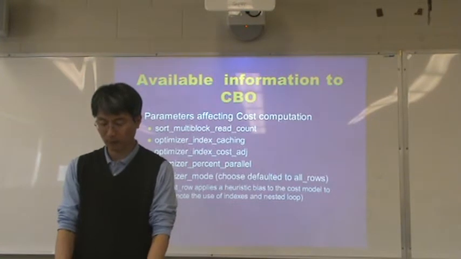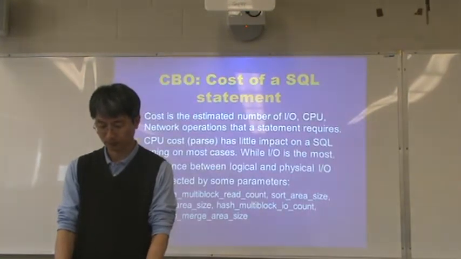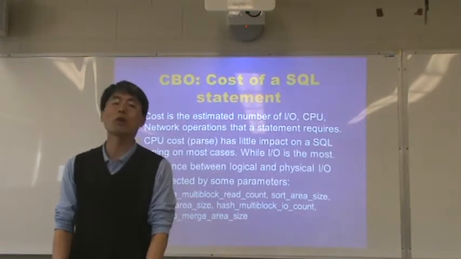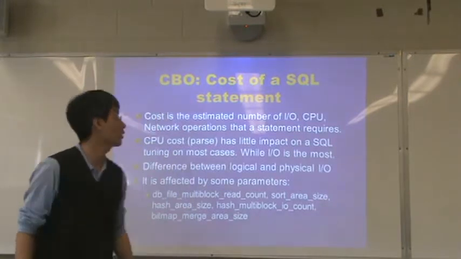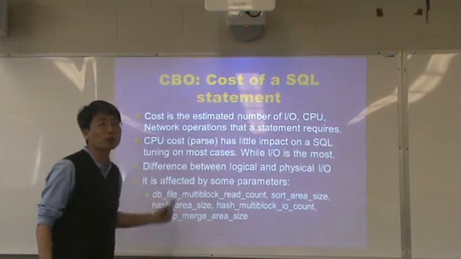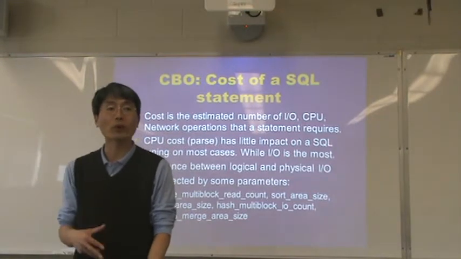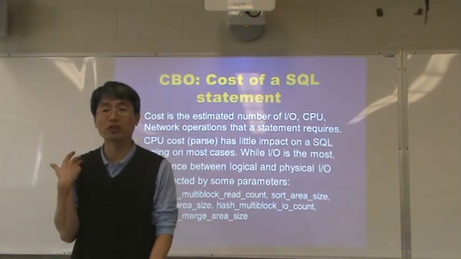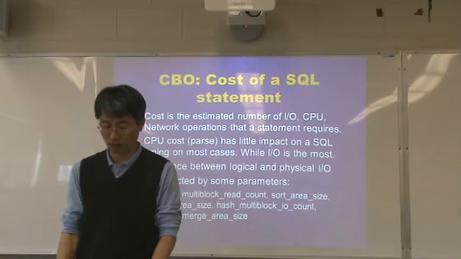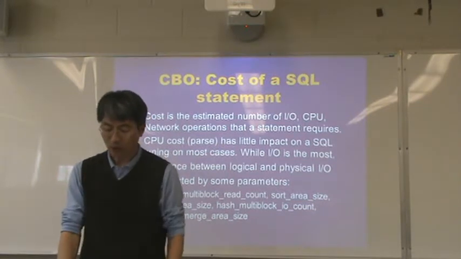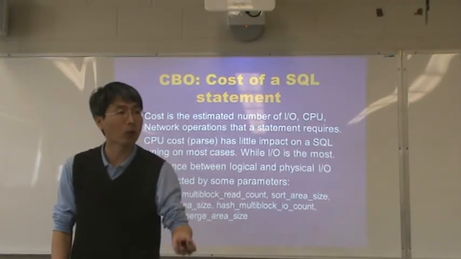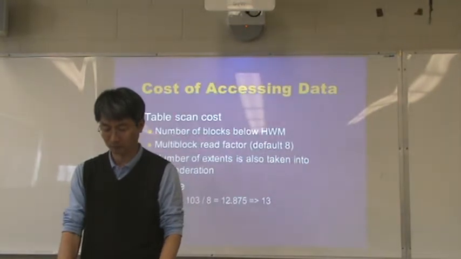And same thing for indexes and so on. Also, the Oracle Query Optimizer provides the CPU cost. That is also important, but during the lecture we actually ignore such a thing, but you will see such CPU cost in the output of the Oracle Query Optimizer.